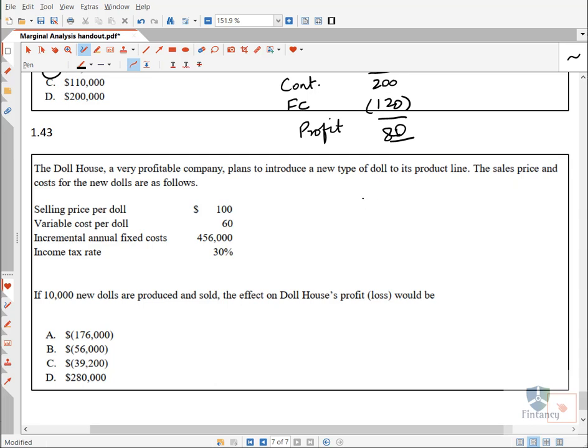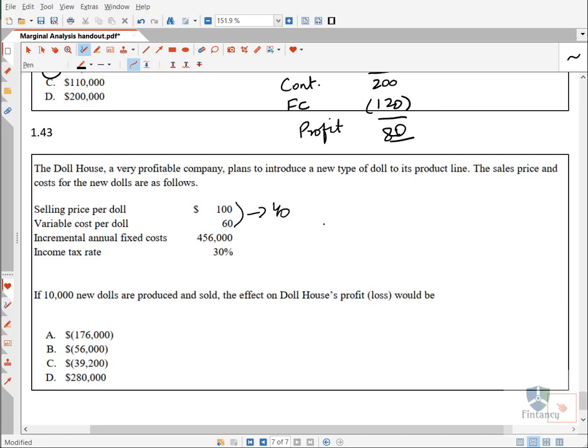So again we need to make the income statement. Sales, variable cost, right? Now see, as you are progressing in your course, you should understand we can do a shortcut. What is the shortcut? You can directly calculate the contribution. Okay? By taking this difference, you can say, okay, the contribution is 40, and then you can work on it.